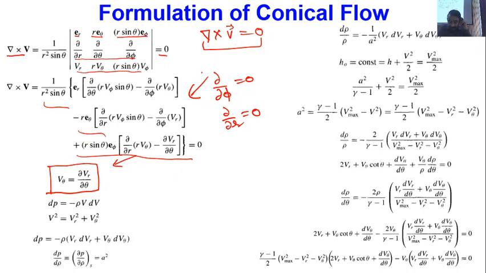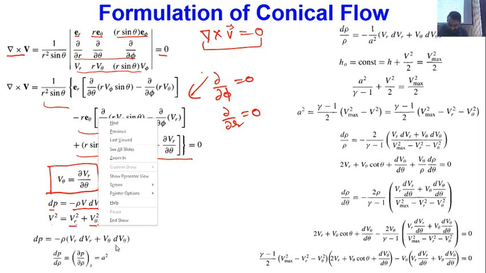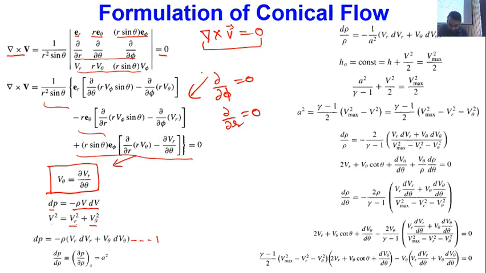Now I have only two equations at the moment, but three variables, so let's find the third equation. We know that dp is equal to minus rho v dv, and v square for this conical flow will be vr square plus v theta square. So if I do this substitution, dp will be equal to minus rho times the velocities in the form of vr and v theta. This is equation 1.